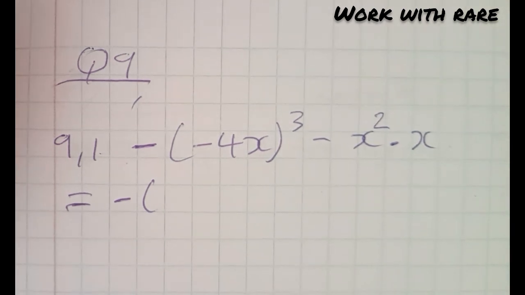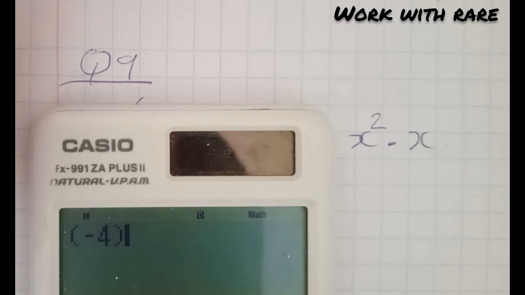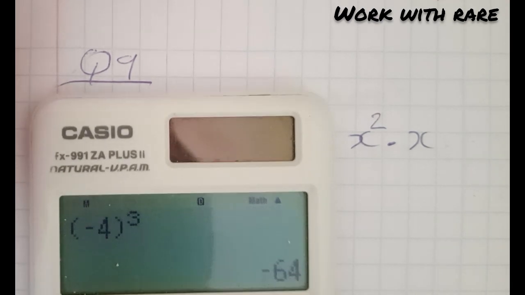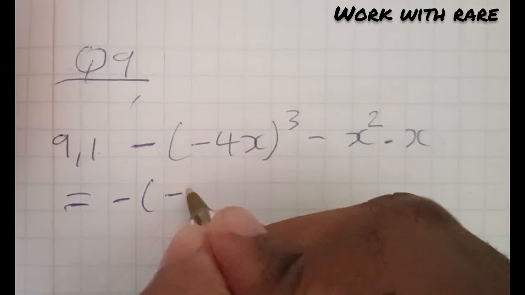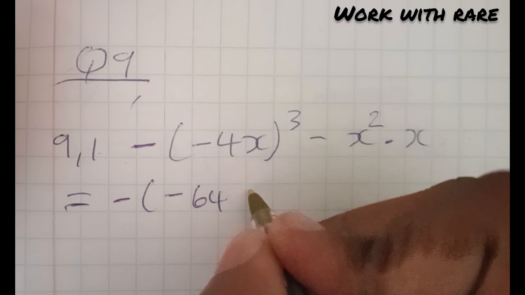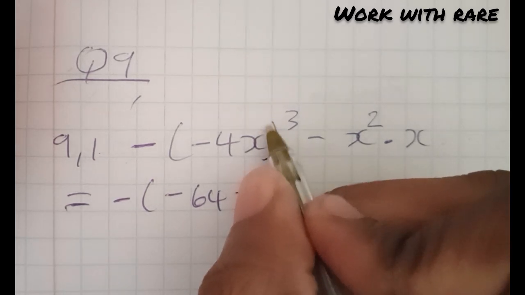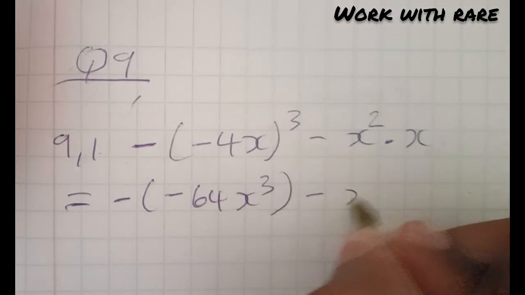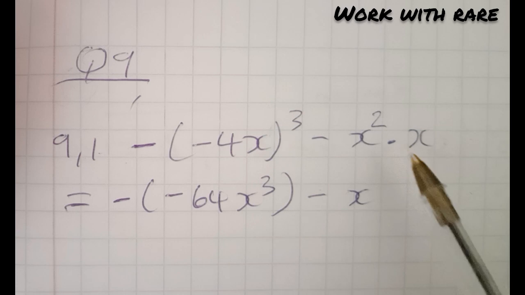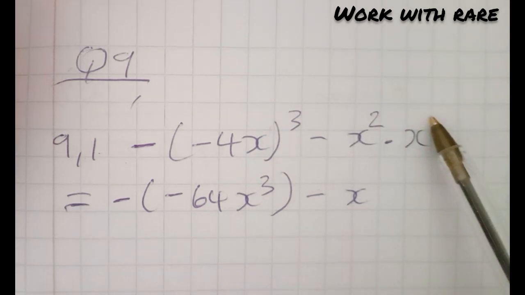So you'll press in your calculator and say negative 4 cube, it's negative 64. You see, so here you'll write negative 64x. This is the same as 1, remember, so it will be 1 multiplied by 3, which is 3. Then here, remember, it's the same as 1 because we don't have anything.